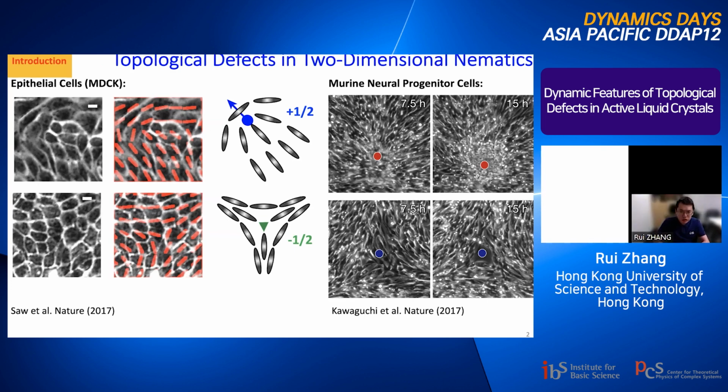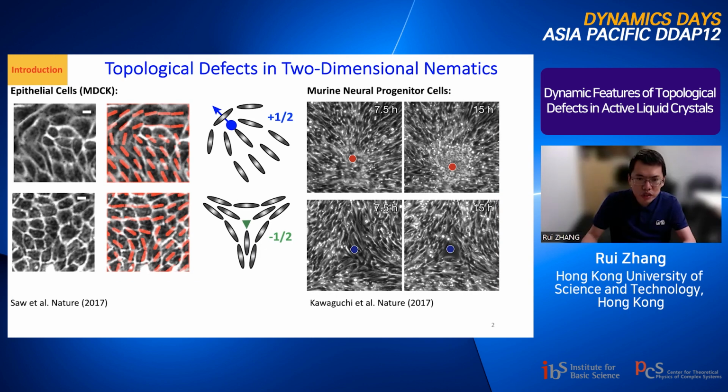And occasionally, you're going to see regions that are disordered in their orientations, which are schematically plotted in these two pictures. We call them a +1/2 defect and a -1/2 defect, which I will be more specific about. What happens in all these biological systems is that the cells align in certain directions, and you can also see the spontaneous motion of those topological defects.